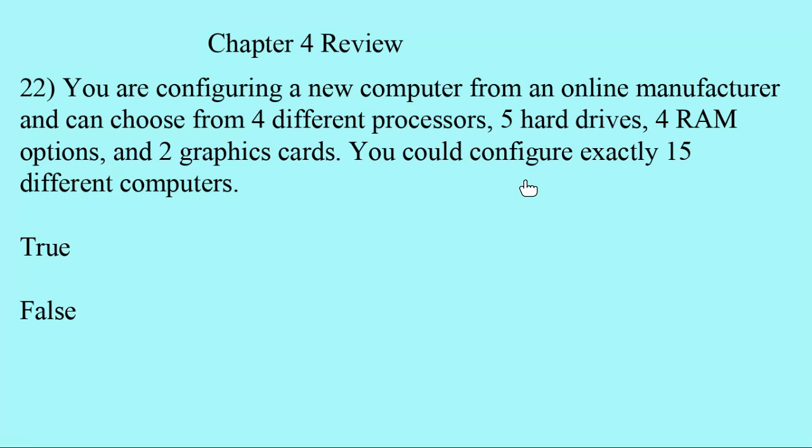So if you write down every single probability, which I don't want you to do, you can start figuring out it is going to be more than 15 different computers. Okay, so by multiplying them, you're going to get the maximum number of different computer configurations. All right, is that clear? Okay, great.